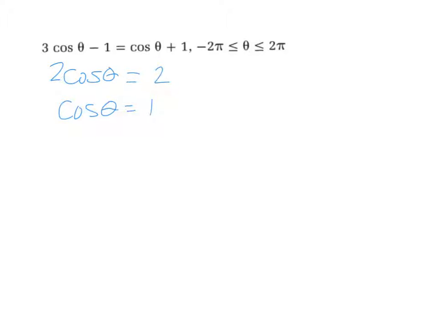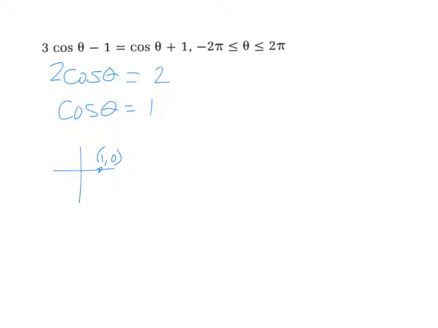Because you can't find a 1 over 1 on a special triangle, except for tangent, we need to look at the quadrantal angles for this. And we're right here. This is where cosine is equal to 1. Remember, the x coordinate is the cosine value.